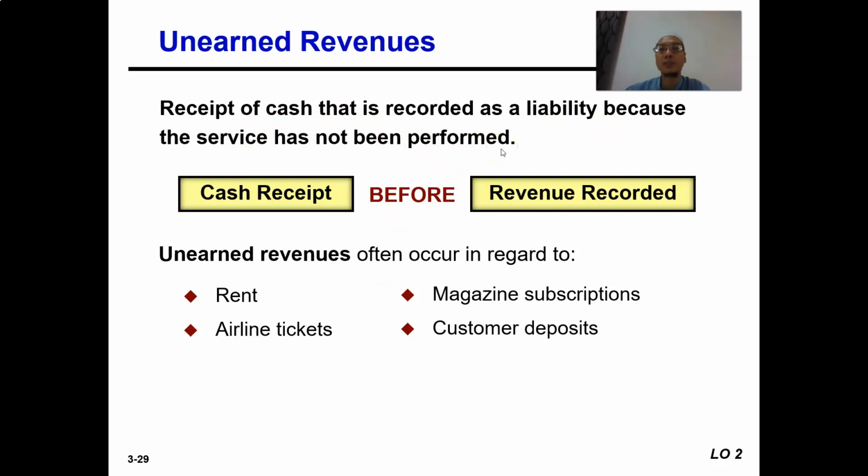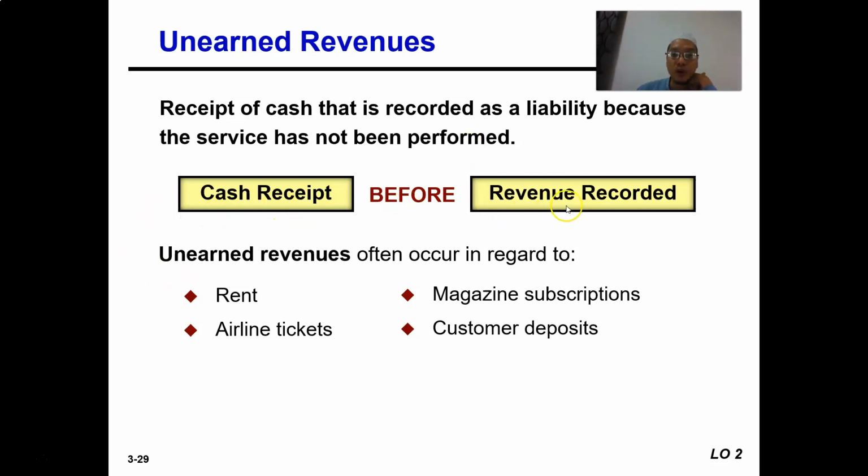So when our customer pays us money for service that we have not done, it is a liability because we should not have received that money. But when we receive that money, we are obliged to render the service to our client. So therefore, it is a liability because we owe our client some services.